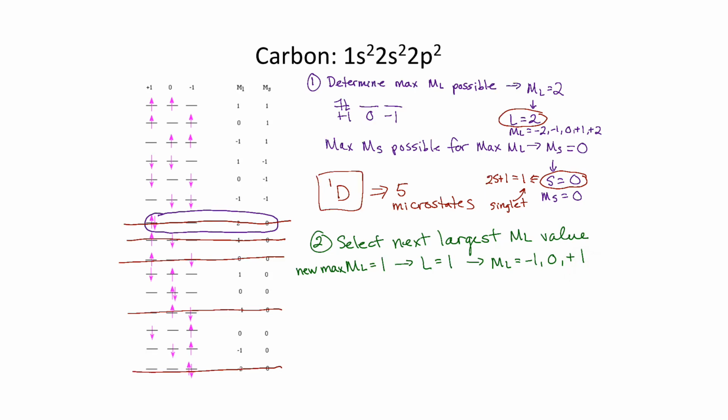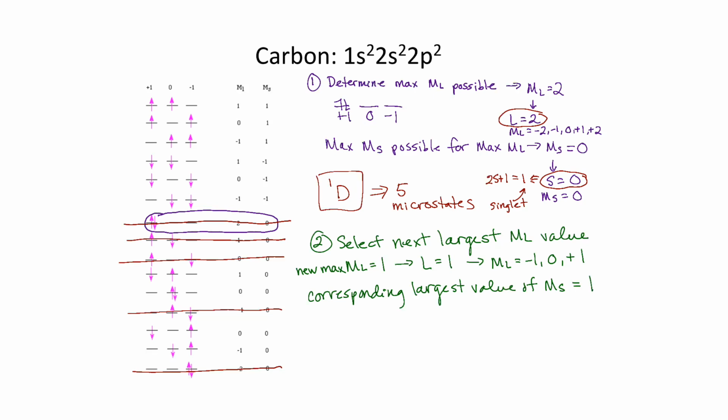All right, and then we do the same thing for our m sub S. So our new maximum m sub S for our maximum m sub L here is 1. So we have the corresponding largest value of m sub S equals 1.